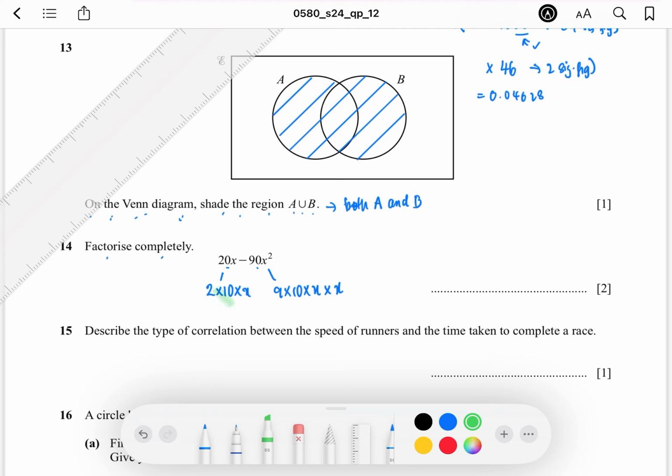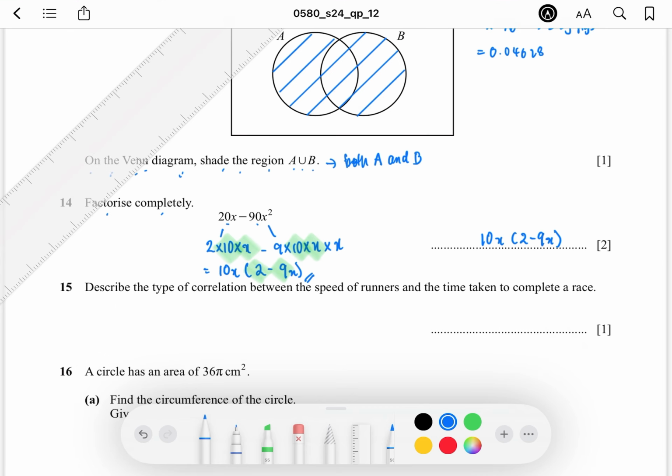So common one will be 10 and x. That means 10x is the common factor, leaves you 2 minus 9x. And if we check 2 and 9, there's no more common factor between 2 and 9. That means this is a complete factorization.